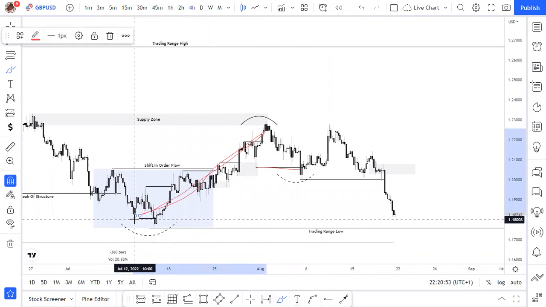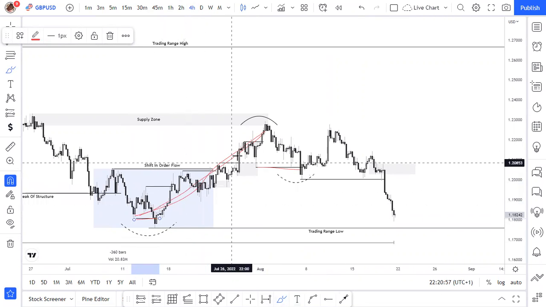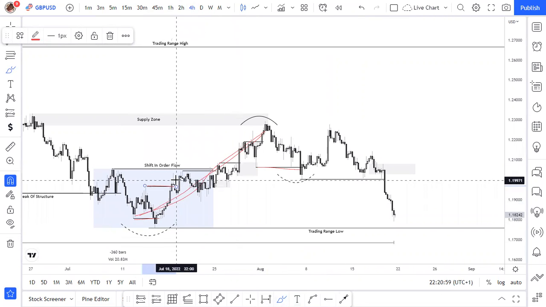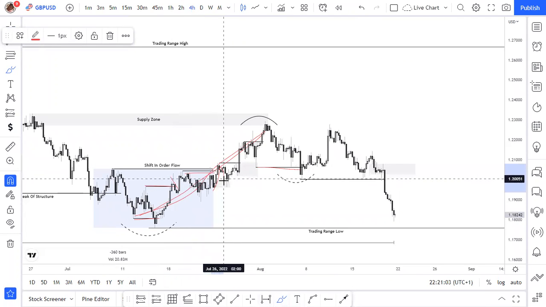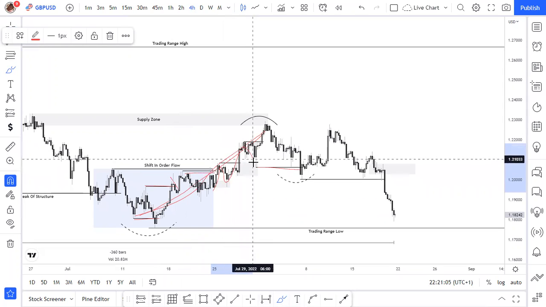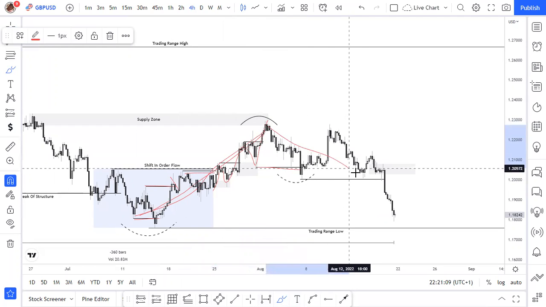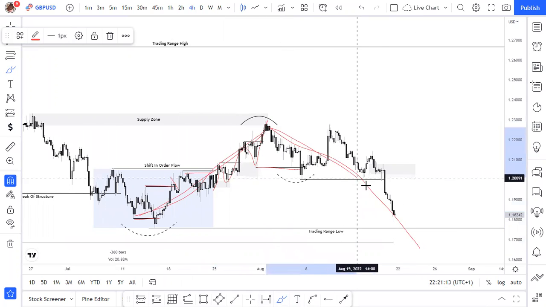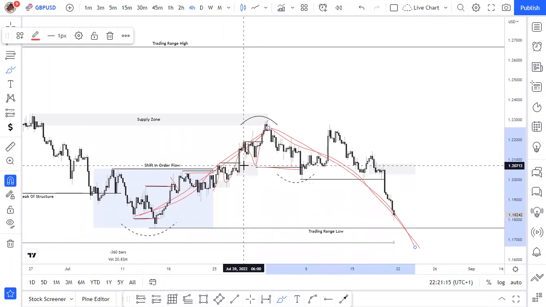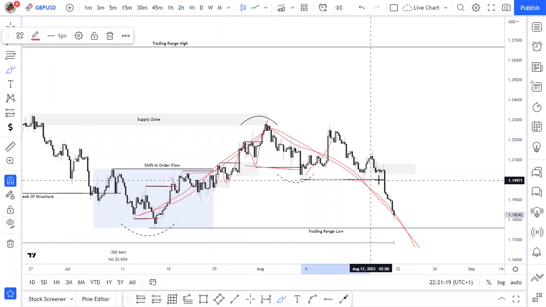But here on the 4 hour, you can see that for this daily pullback to take place, price started forming some kind of bullish market structure, making higher highs and higher lows. This single push on the daily time frame will mostly become a bearish market structure on the 4 hour time frame.